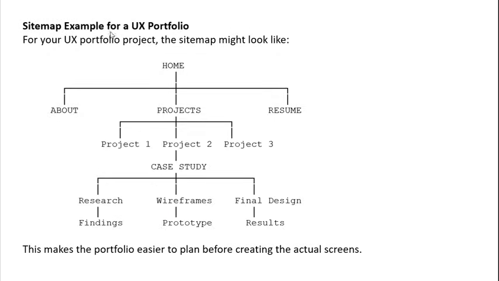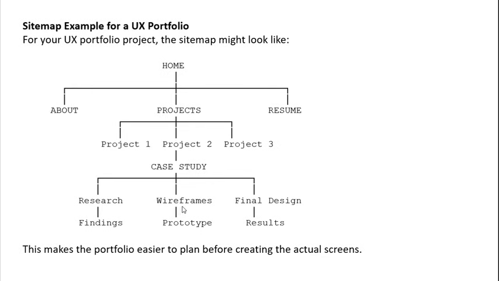A sitemap example in a UX portfolio: for your UX portfolio project, the sitemap could look like this. Home leads to about, projects and resume. Projects lead to more projects, such as project 1, 2, 3, and inside the case studies, the research and findings.